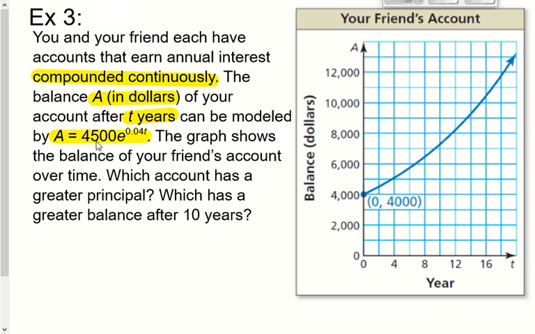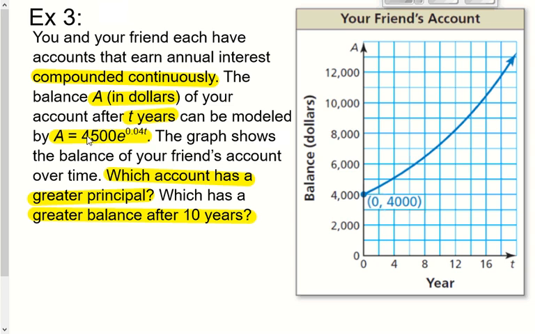A equals 4,500 e to the 0.04 t. The graph shows the balance of your friend's account over time. Which account has a greater principal? Which has a greater balance after 10 years? So there's two things that we're looking for.